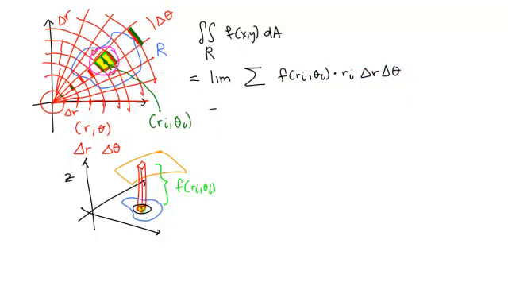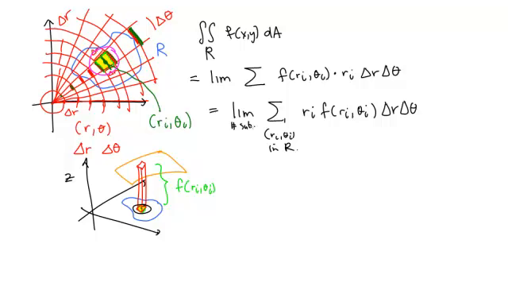And so if I clean this up, we have the limit of the summations of Ri, f of Ri theta i, times delta R delta theta, where this is taken over all of the Ri theta i's in the region R, and then the limit is taken as the number of subdivisions gets larger and larger and larger. So it is possible to integrate a function in terms of its polar coordinates.